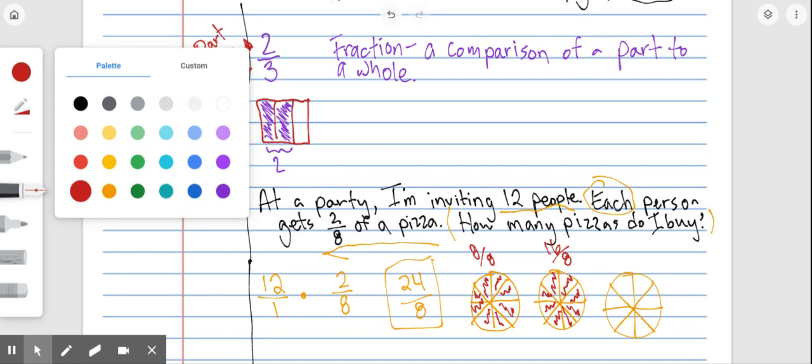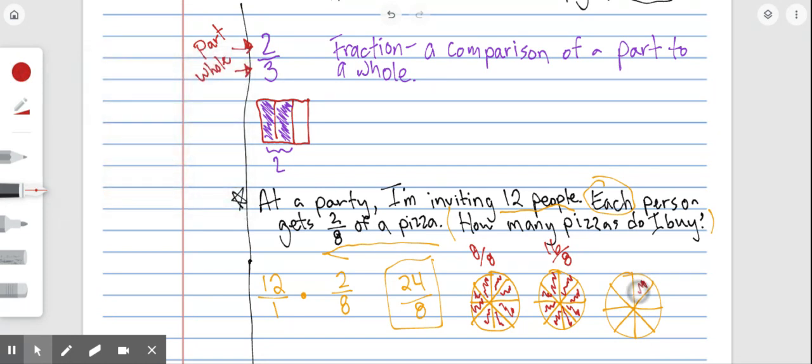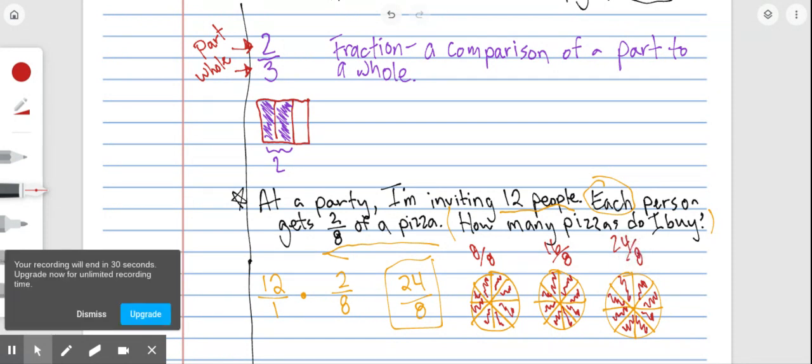So again, I'm going to start at 16, so I go 17, 18, 19, 20, 21, 22, 23, 24. What do you know? 24/8 of a pizza is 3 pizzas. So I'm going to order 3 pizzas. Okay, so this is an example of multiplying fractions.